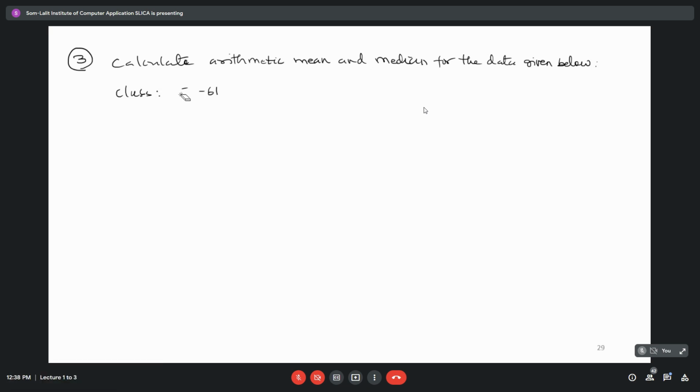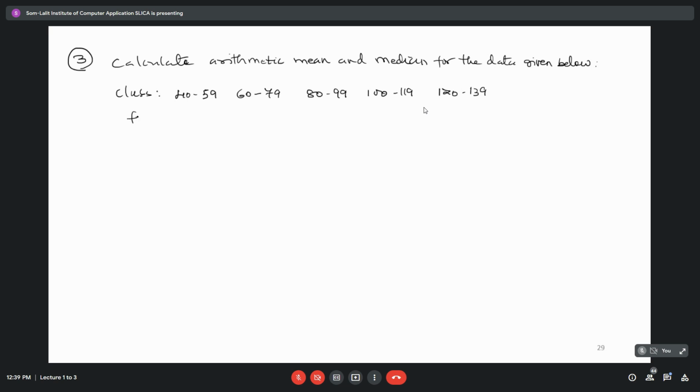Note this, let me write these data values. 40 to 49, 40 to 59, then 60 to 79, then 80 to 99, next 100 to 119, and 120 to 149.